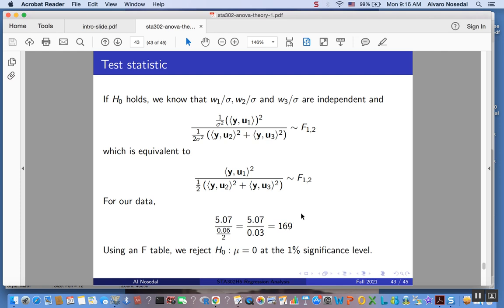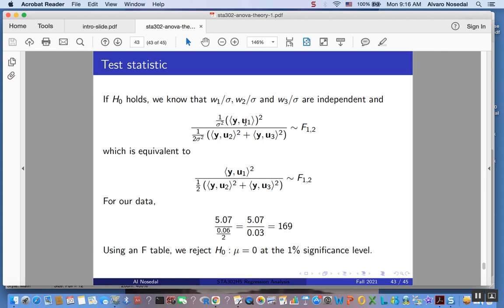Okay, so now let me say something more about this. This is a chi-square with 1 degree of freedom divided by 1. So it's a chi-square with 1 degree of freedom, period, right? You remember that the expected value of a chi-square is given by its degrees of freedom, right?